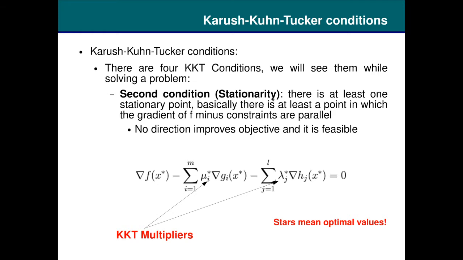What this second condition means is that I'm trying to find parallel gradient vectors. I'm trying to make the gradient vector of my optimization function equal to the composition of gradient vectors of all my constraints, as in the Lagrange multipliers, in the same way.